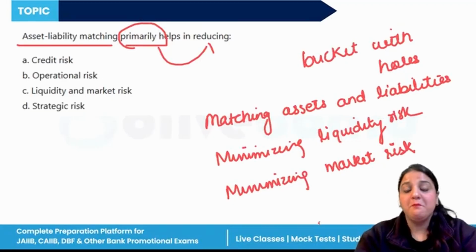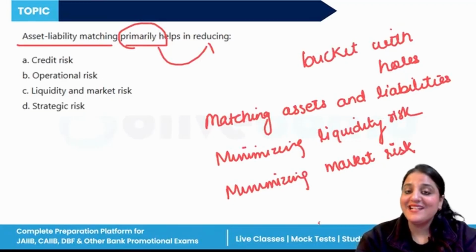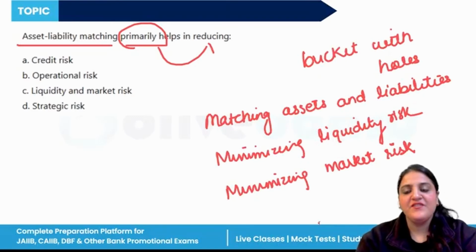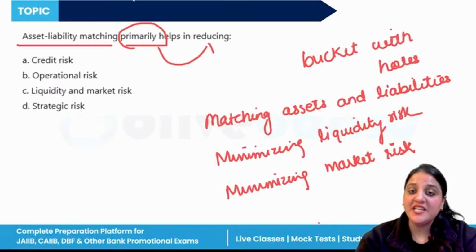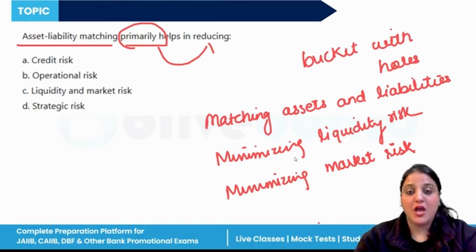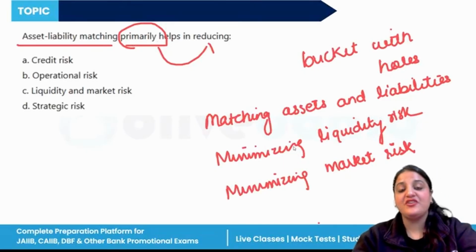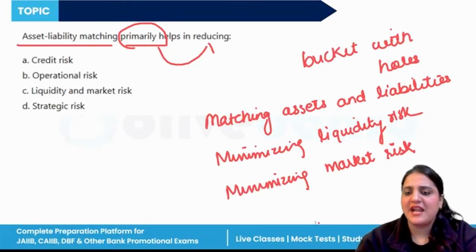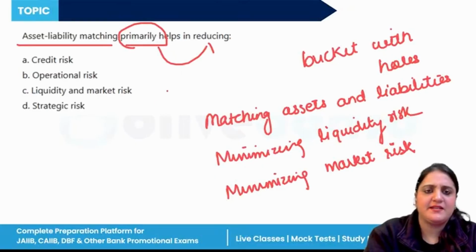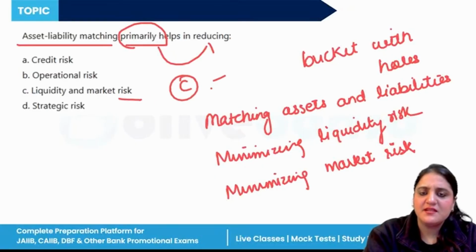So a bank may even match specific assets with specific liabilities, which ensures certainty in the cash flows. So asset liability matching, by matching times and rates, reduces the mismatch risks, that means liquidity and market risk. So option C is correct here.